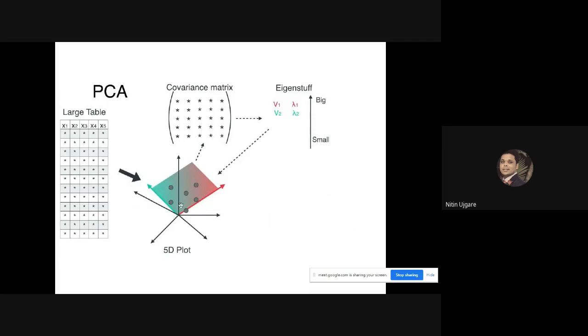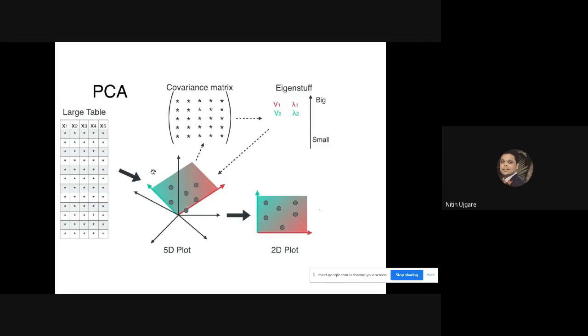This is my new hyperplane. This is the direction of the first eigenvector, and this is the direction of my second eigenvector. So this gives me a 2-dimensional plane, and these are the representations of the sample points on this 2-dimensional plane. So now we have successfully transformed a 5-dimensional input instance space.